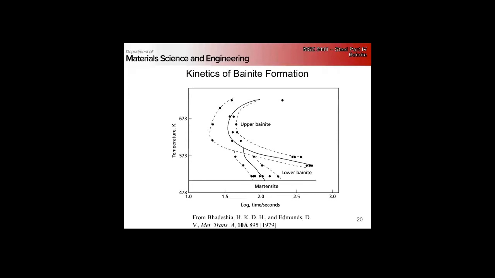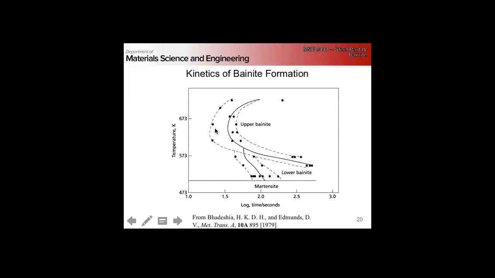Yeah. Just out of curiosity, there are three different separation points there, these lines, right? So this is a TTT. If we hold it at constant temperature, the solid line typically denotes 50% transformation.